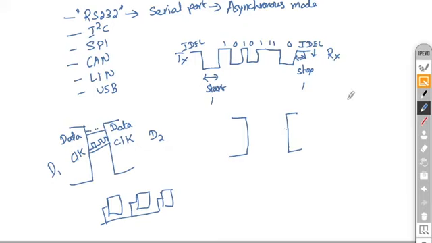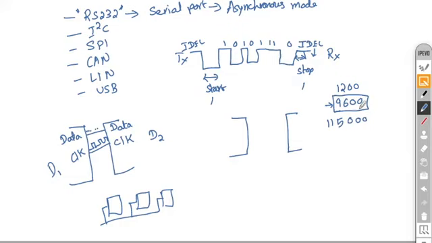There is a range of them, like 2400, 9600 and 115200. These are a few standard baud rates of serial communication. This is the default baud rate; most devices will operate at it by default. So if you don't know the baud rate of some device, you can set it to this baud rate and try establishing communication with that device.